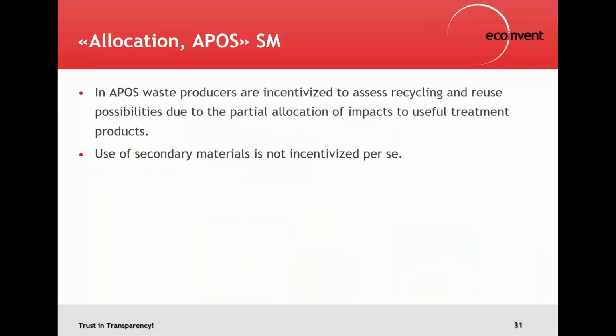So to summarize very quickly, in APOS, waste producers will be incentivized to assess recycling and reuse possibilities due to this partial allocation of impacts of useful products through the value chain. On the other hand, the use of secondary materials is not incentivized per se.